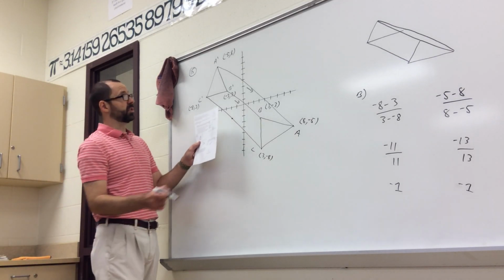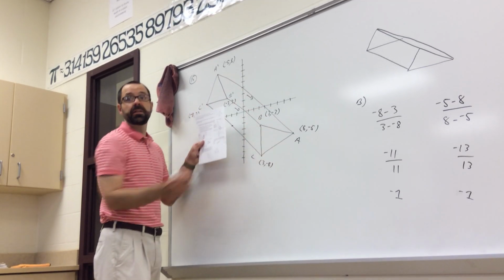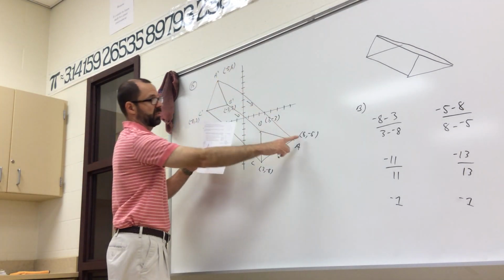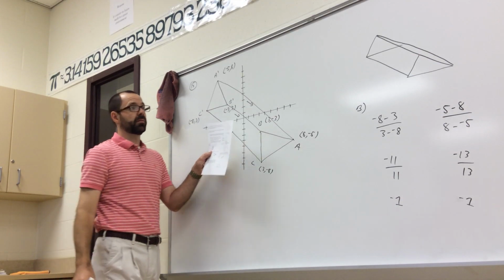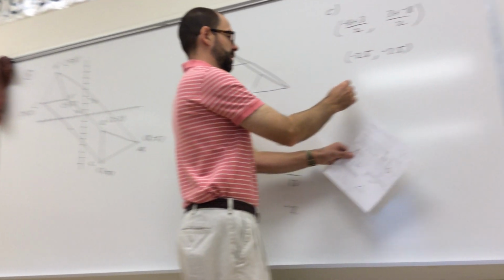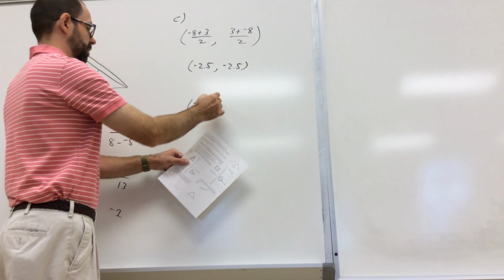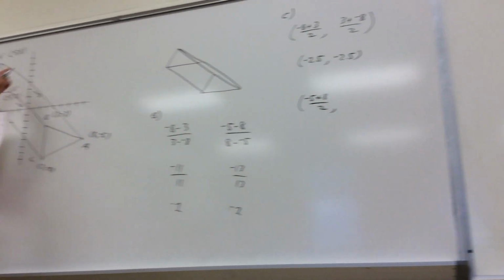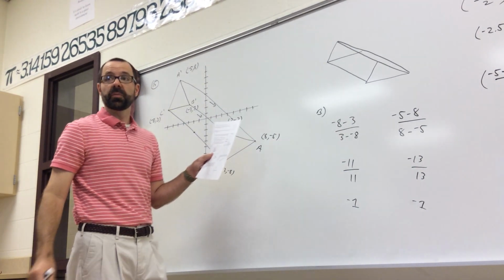Okay, now I'm going to find the middle between A prime and A. So that's -5 plus 8 divided by 2, and 8 plus negative 5 divided by 2.